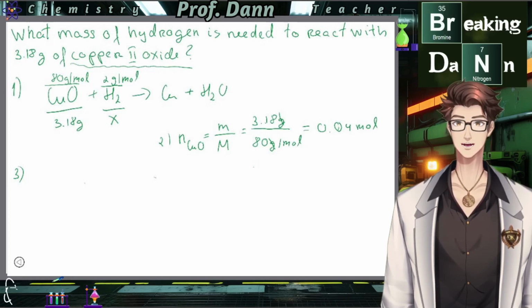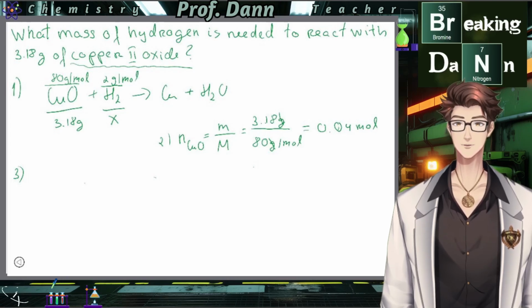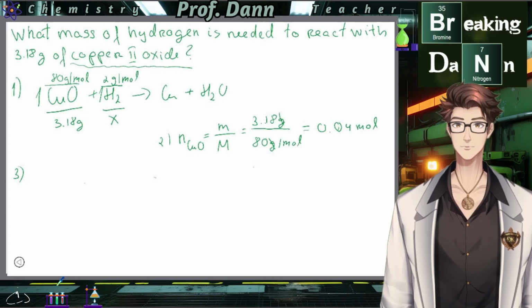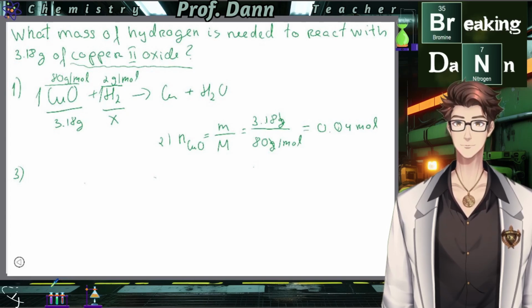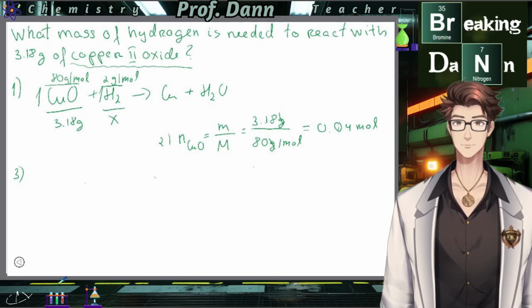If we look at our chemical equation, next to copper oxide we have coefficient 1, and next to hydrogen we have coefficient 1. It means the ratio between copper oxide and hydrogen is 1 to 1.